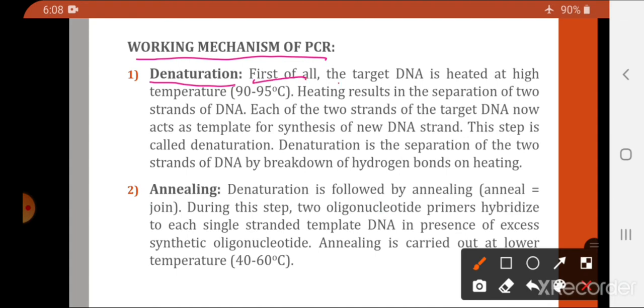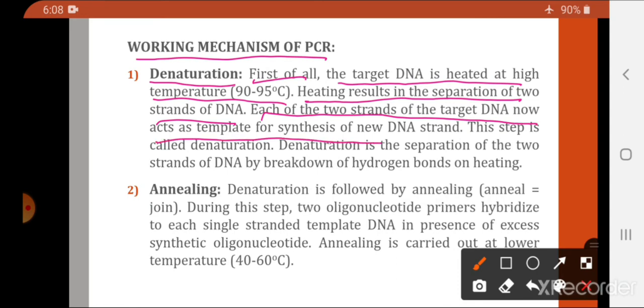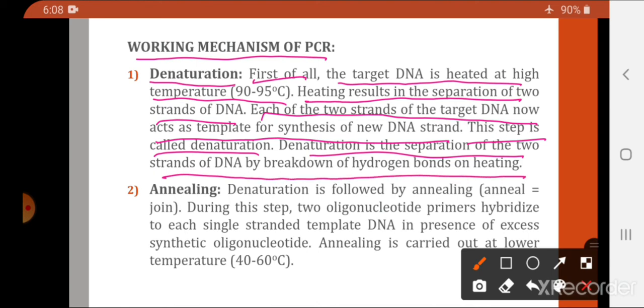First of all, the target DNA is heated at high temperature, that is 90 to 95 degrees Celsius. Heating results in the separation of the two strands of the DNA. Each of the two strands of the target DNA now act as the template for the synthesis of new strand. This step is called denaturation. It is the separation of the two strands of the DNA by breakdown of the hydrogen bonds on heating.